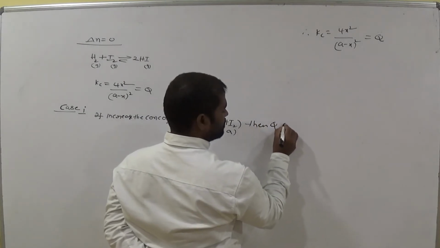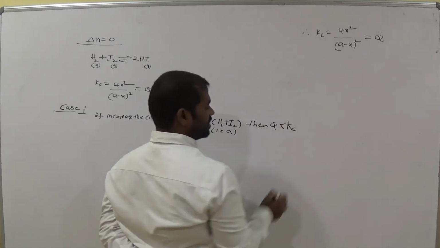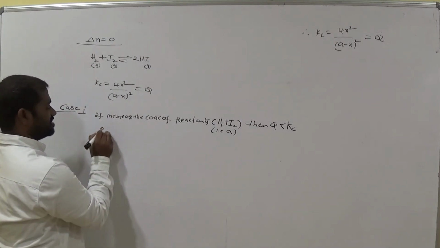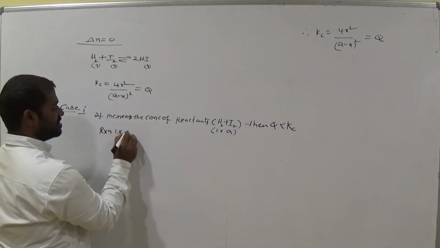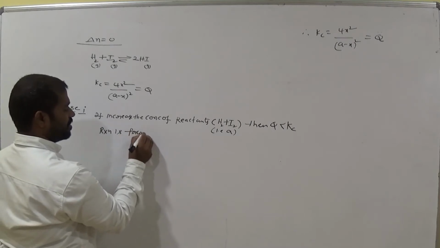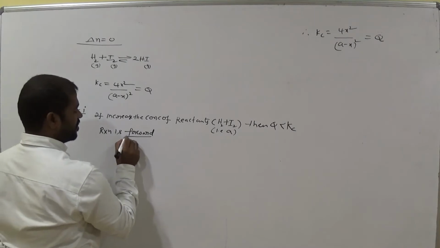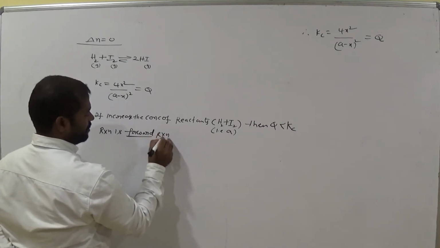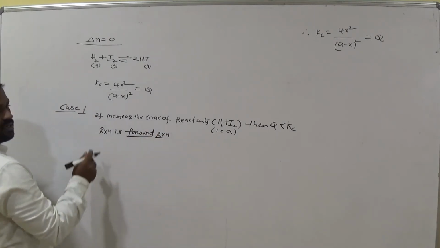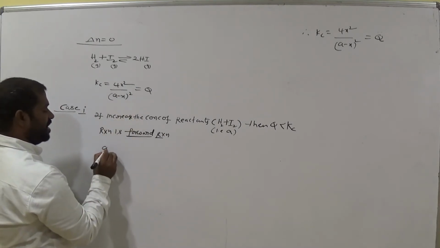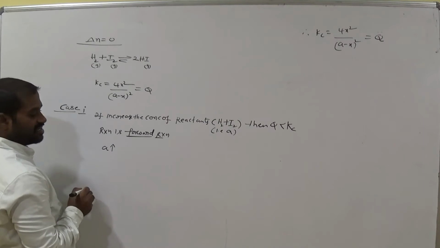Then Q becomes less than Kc. Q less than Kc, then the reaction is a forward reaction. So see this expression here, the value of A increases, am I right?